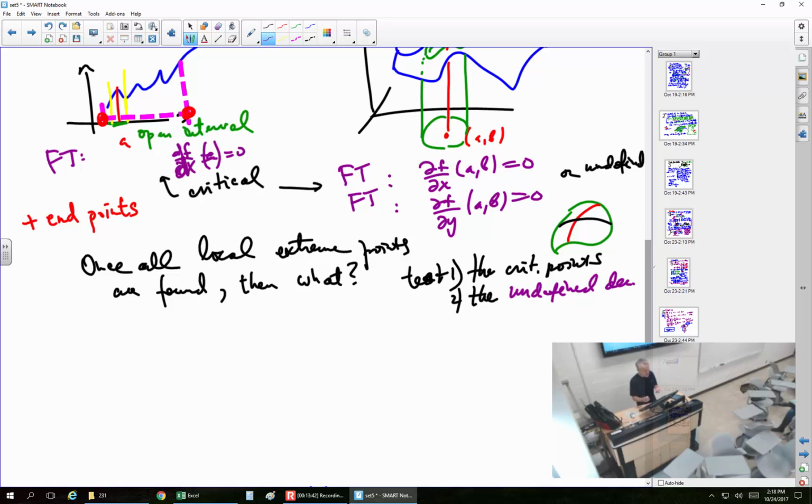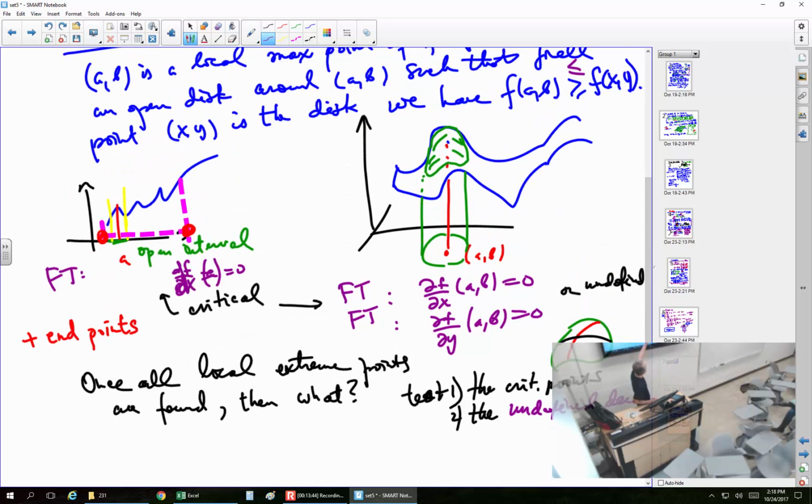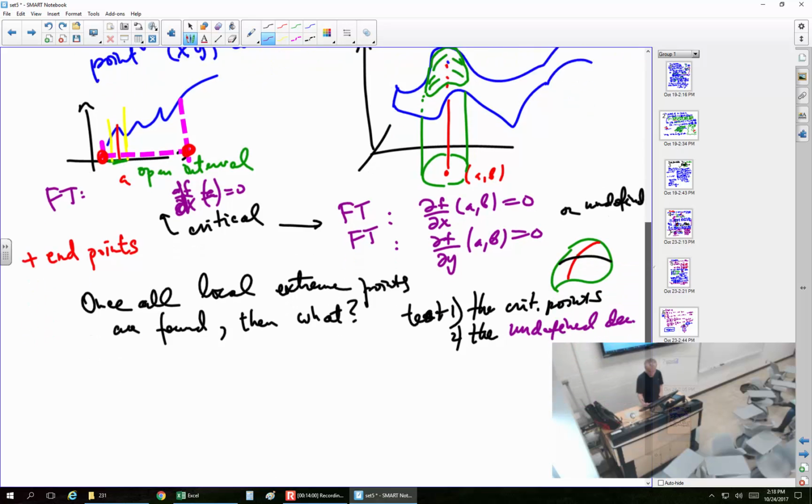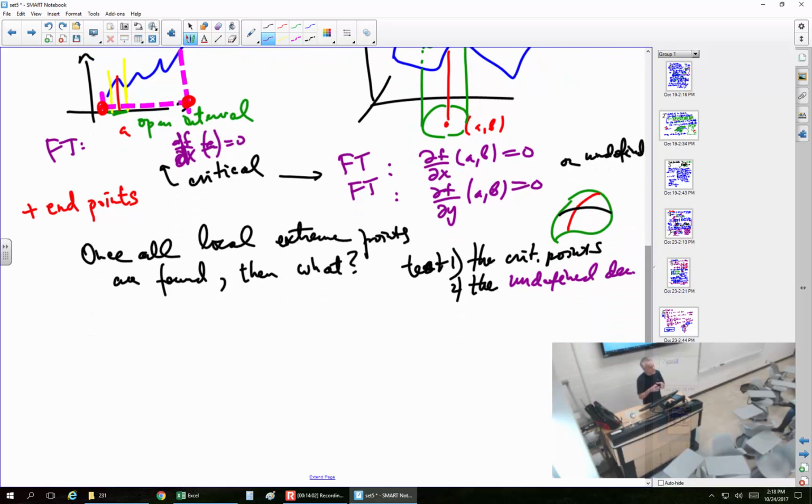But in this particular case, I tried to plot a smooth function. Once I cut out that piece, where is the function not differentiable? On the edge. Just like this function is not differentiable at the endpoints for a simple reason that for the function to be differentiable, it has to be defined at least in the vicinity of that point.